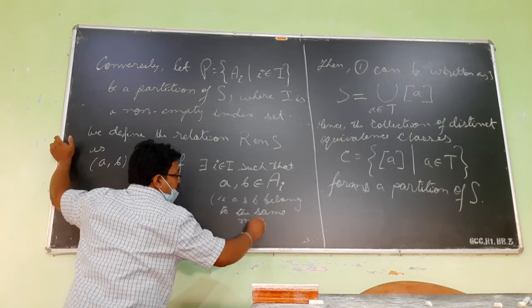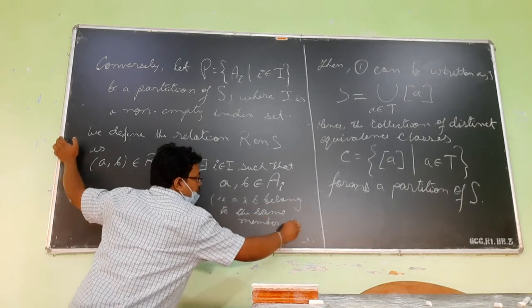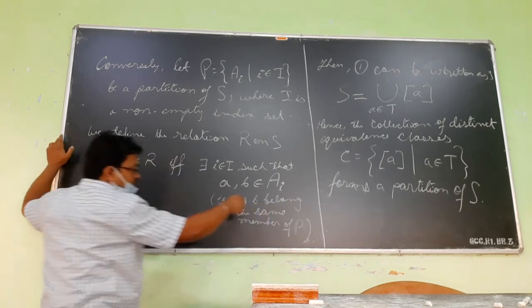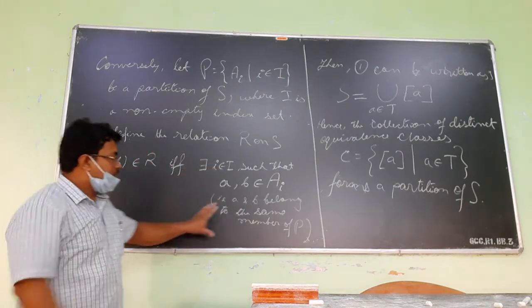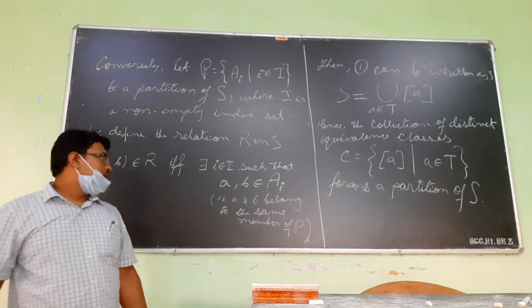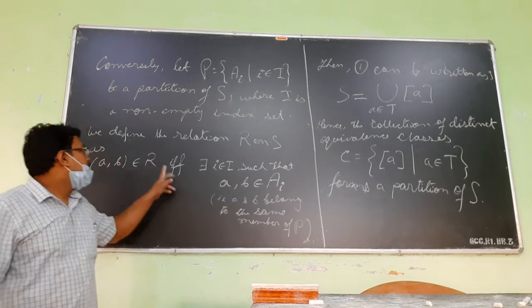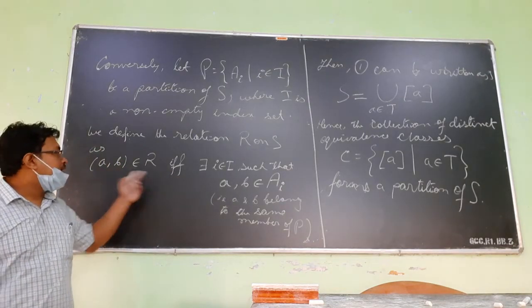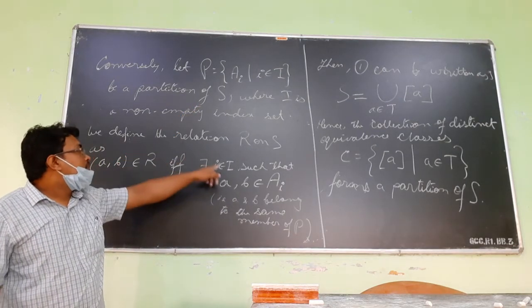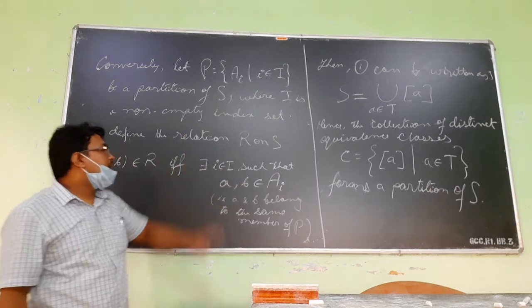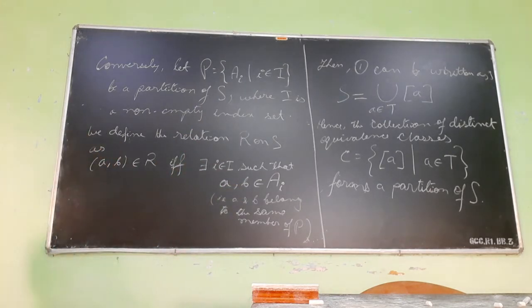Last day I had written it in language, so that was becoming lengthy. So it's better to write it this way. A and B are related if we can find an I such that A and B belong to that A_I. So A and B belong to the same member of P.